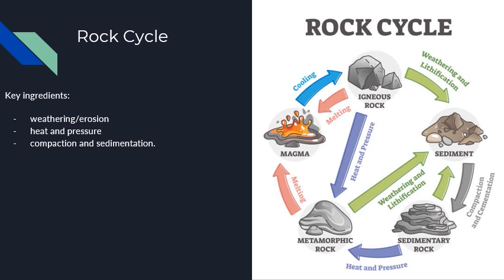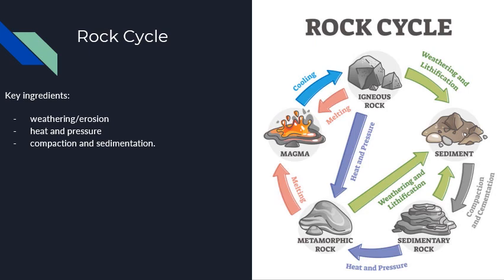On the other hand, at the bottom you see heat and pressure, which means that this sedimentary rock changes in its appearance into metamorphic rock in the crust of our planet. But this metamorphic rock can be suffering from weathering and erosion as well, so that means that again sediment can be formed.